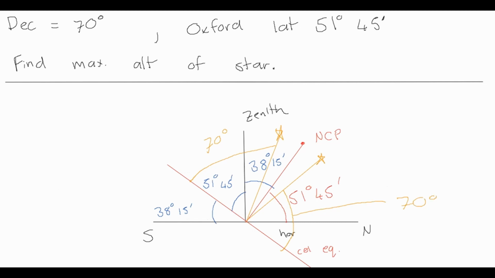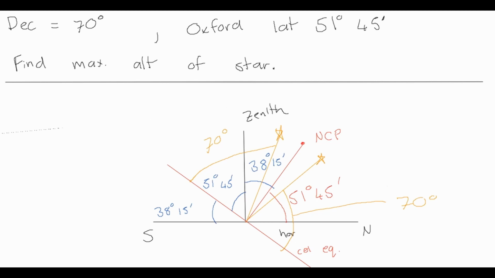Now, these two positions are what we would call the upper transit and lower transit of the star. So, as you probably know, stars will rotate around the North Celestial Pole, and then the highest altitude we call the upper transit, and the lowest altitude we are going to call the lower transit. In this particular question, we are looking for the maximum altitude of the star.